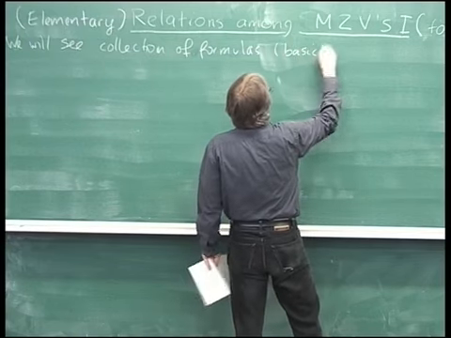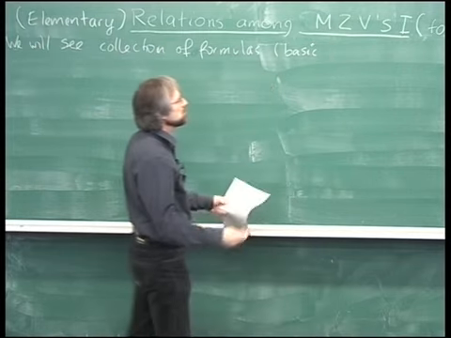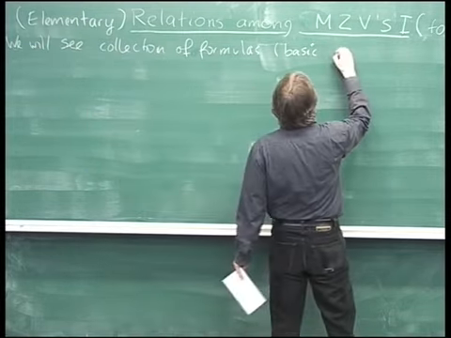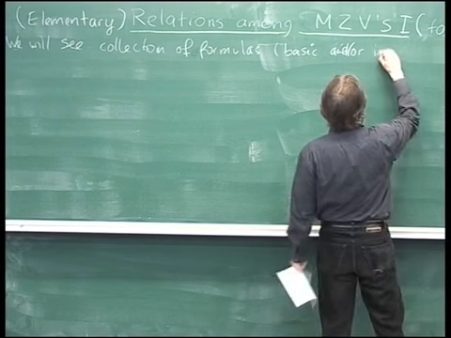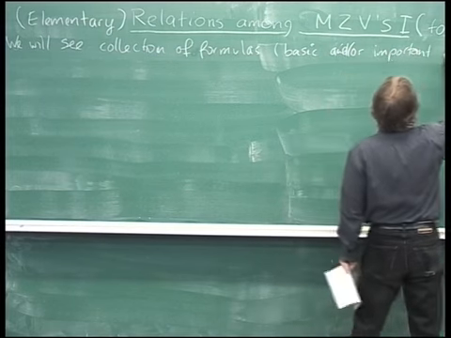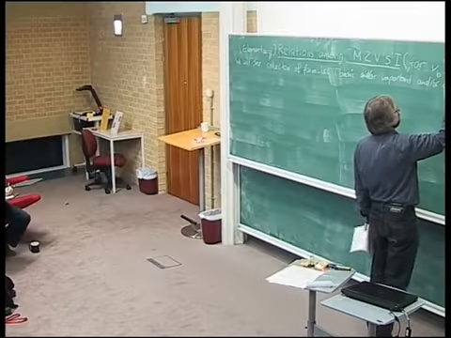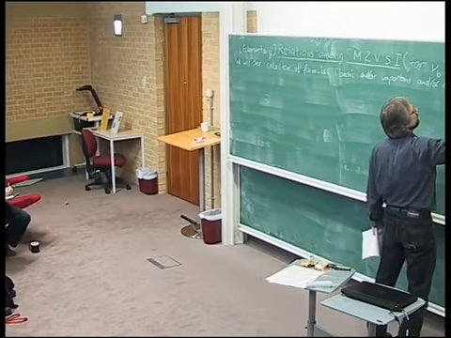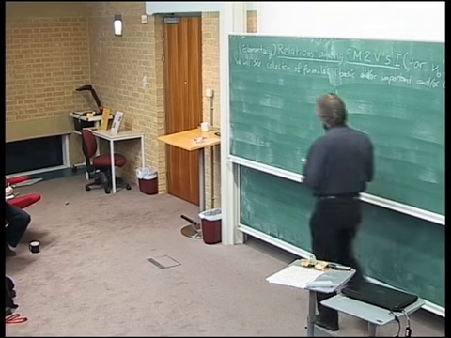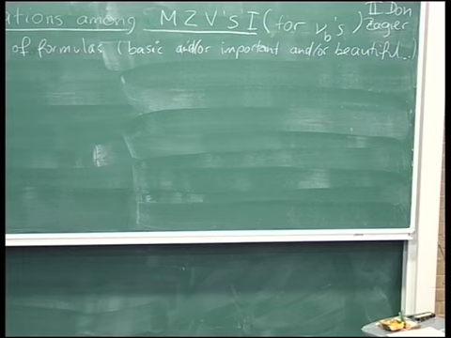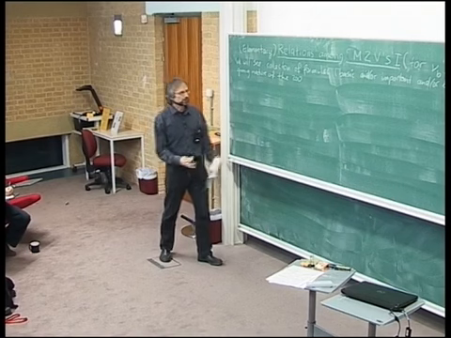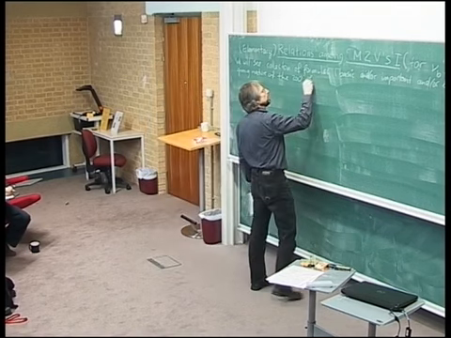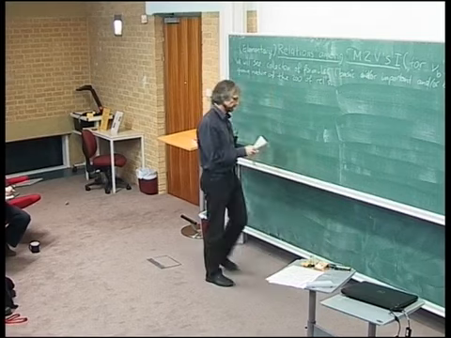So chosen in an idiosyncratic way, like basic, or say important, or beautiful, or I don't know what. So the ones that I feel give somehow the nature of the zoo. So it's a veritable zoo of relations that exists among zetas.